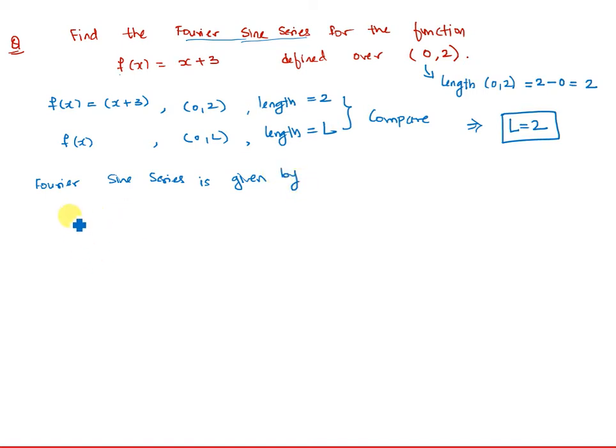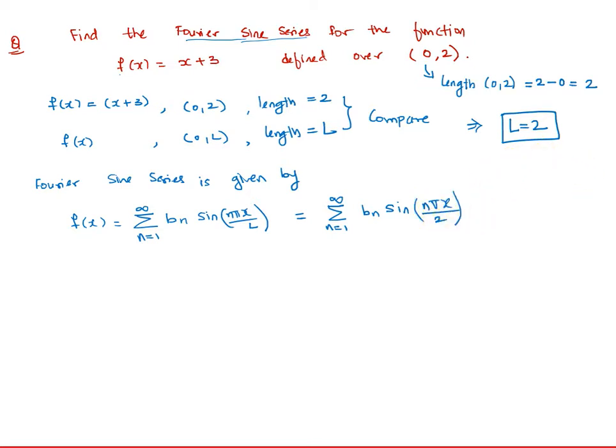how do we get it? f(x) equals summation n from 1 to infinity bn sine n pi x over L. What is the value of L?